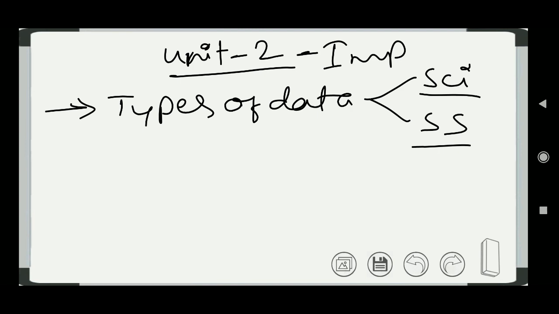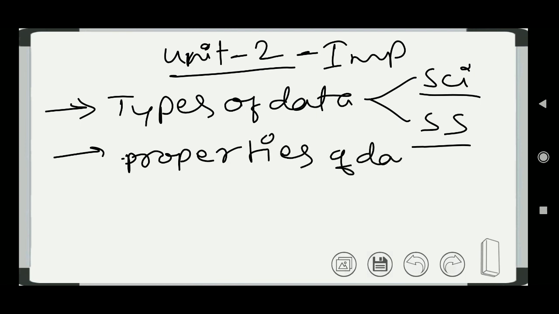Next, under nature and properties of data, the properties of data is important here. The properties of data in social science is also important, so be prepared.